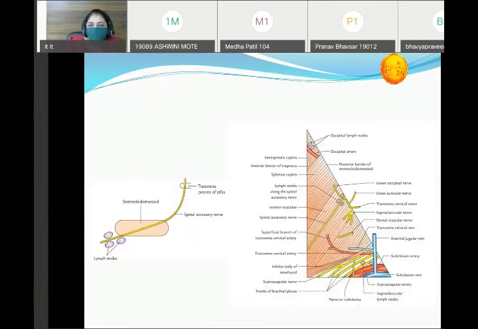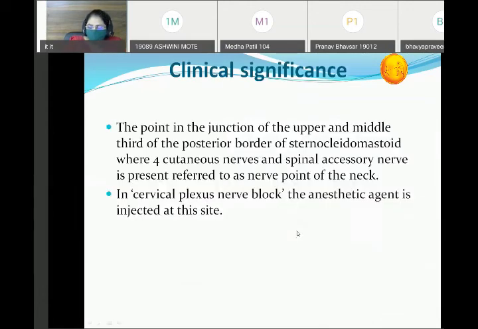In this figure you can see the spinal accessory nerve running over the levator scapulae muscle. It pierces the sternocleidomastoid, goes downward and laterally, and disappears just below the trapezius muscle. So this is one of the main contents of the posterior triangle.